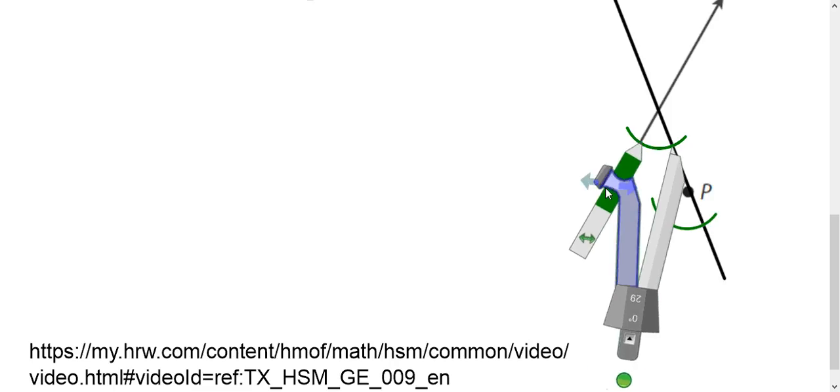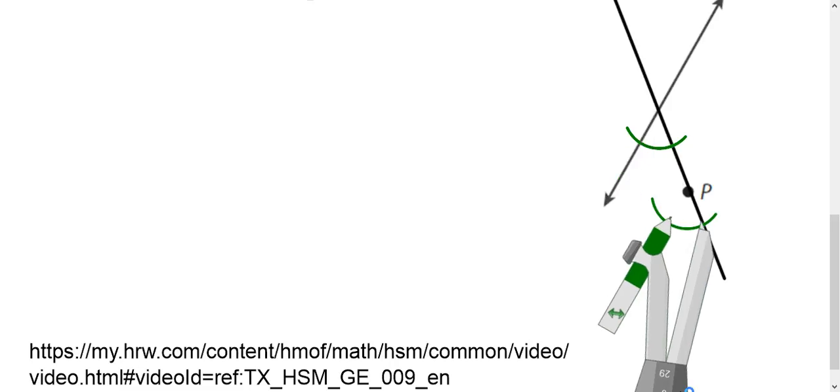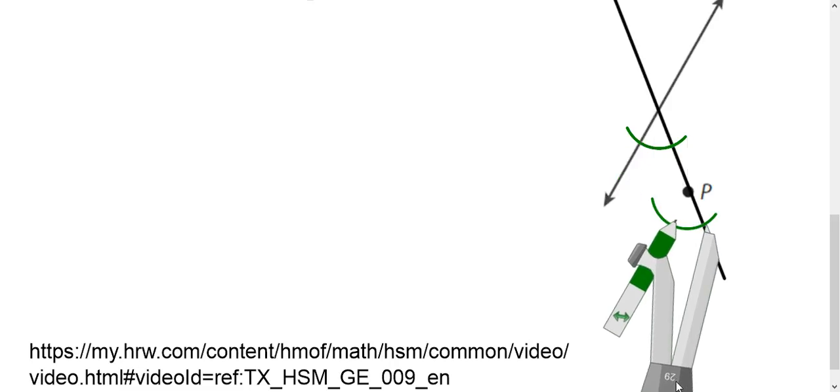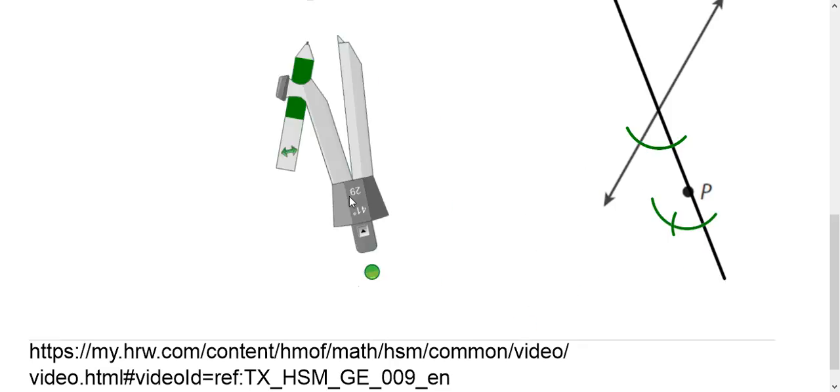Then measure that opening and do the exact same thing from the other arc that you made. And then you just have to go through point P and through that little X we just created with our compass. And then the lines are parallel.